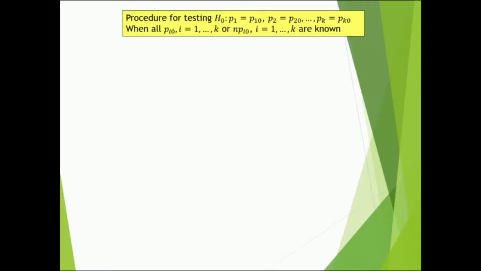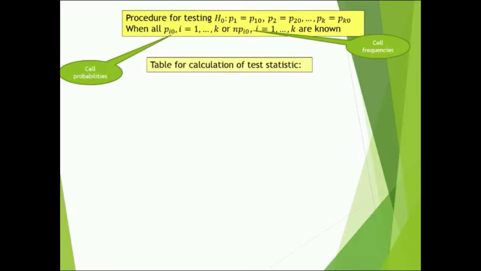Either the proportions or the frequencies must be known. So you have to determine beforehand what you expect in terms of the cell probabilities in each category, or what you expect in terms of the cell frequencies in each category. A table for the calculation of the test statistic is very convenient.